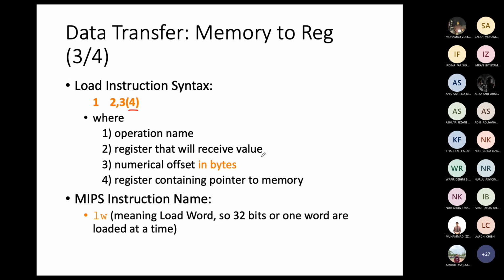So where do you want to store the value that you have retrieved from the memory? In this case, we have 2 registers. One is the register that will receive the value. The second one, in the 4th column, is the register containing the pointer to the memory.